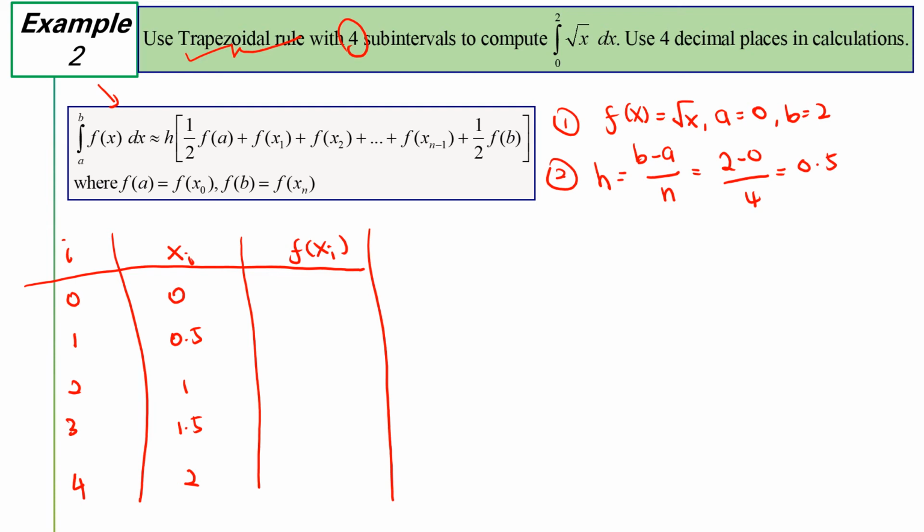For f(xi), you just substitute xi in f(x). So f(x0) you get 0, f(x1) you get 0.7071, f(x2) you get 1, f(x3) 1.2247, and f(x4) you get 1.4142.